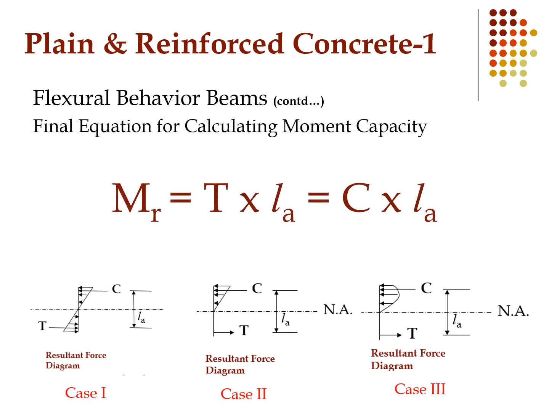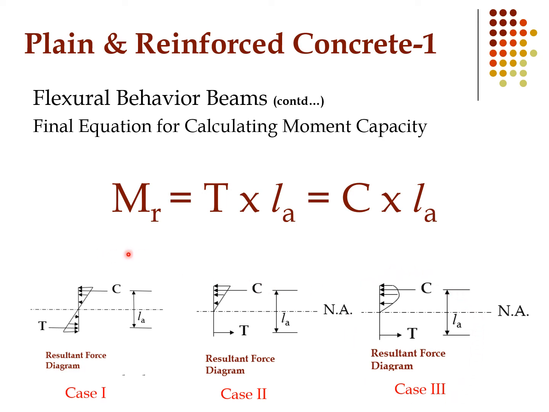So, as we discussed the three cases: the first case is when concrete and steel are in the elastic range. The second case is when cracks appear on the tension side of the concrete. And the third is when compressive stresses at the top exceed the elastic range.